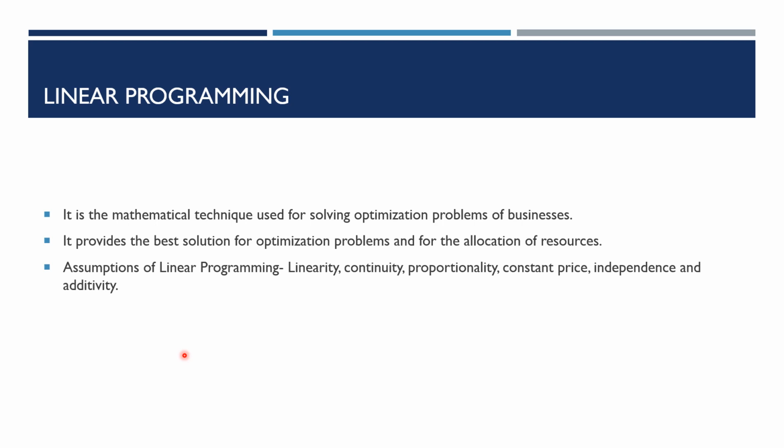The next assumption is proportionality. Proportionality assumes that there's a proportional relationship among variables. The proportionality between the variables remains the same while finding out the solution of the problem.